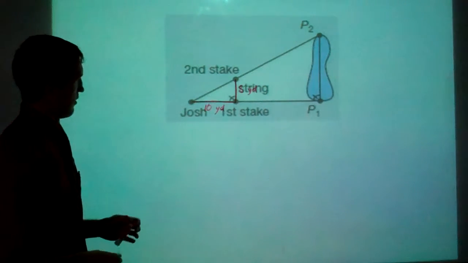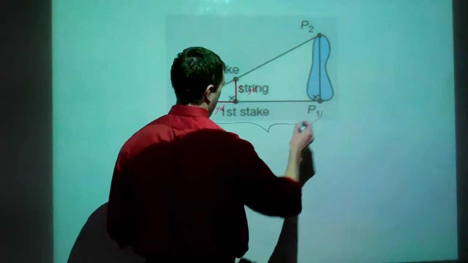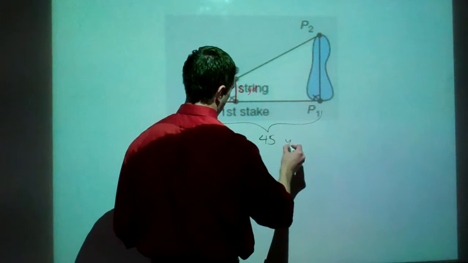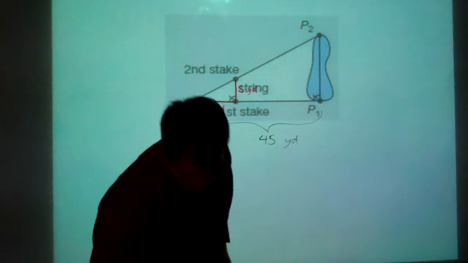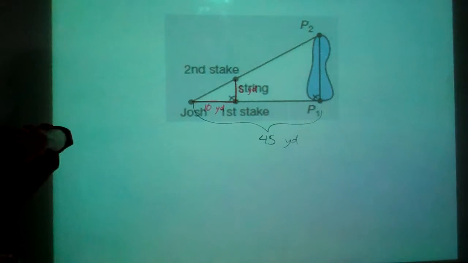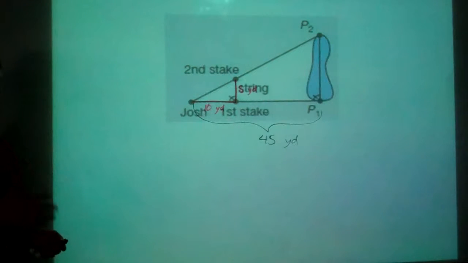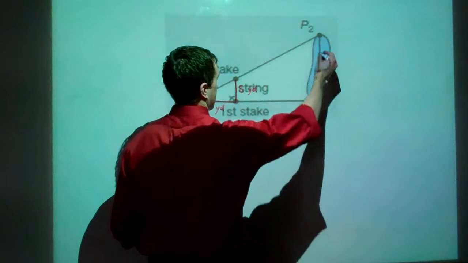Alright, and the other distance he knows is this one right here. 45 yards, I believe, what it says. And if you notice, if you're reading along, example 2 has a lot of information. Okay, so what is nice to do is to fill it in just like I did here, so that you know where everything goes, and not try to just remember it or just do it in your head, because that's not going to help.